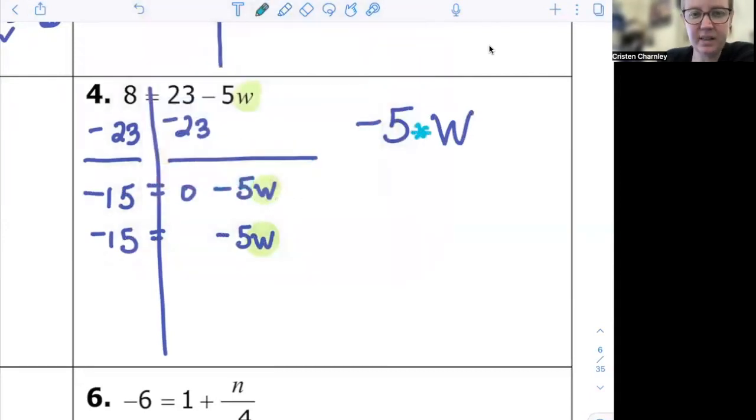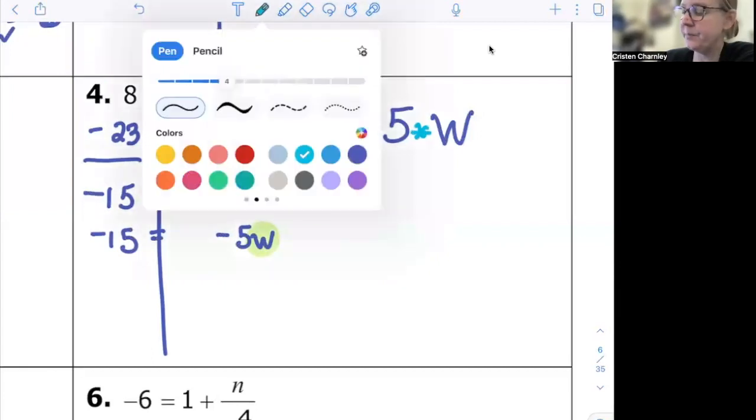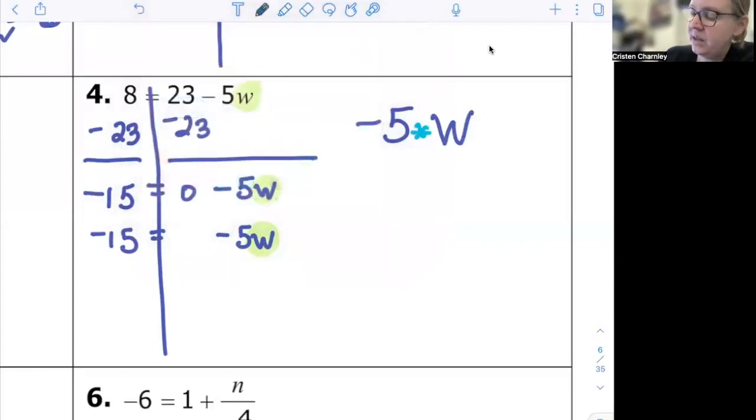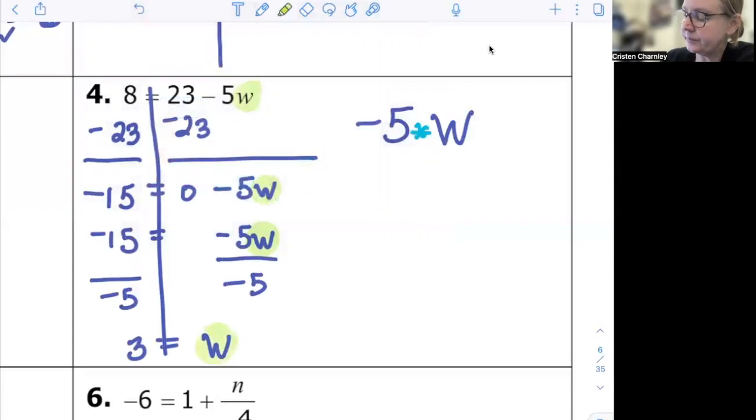We don't write the multiplication sign for that. So to undo multiplication, we divide. We divide by negative 5. So negative 15 divided by negative 5 is a positive 3 is equal to W. A lot of times we put the W on the left, and W equals 3.